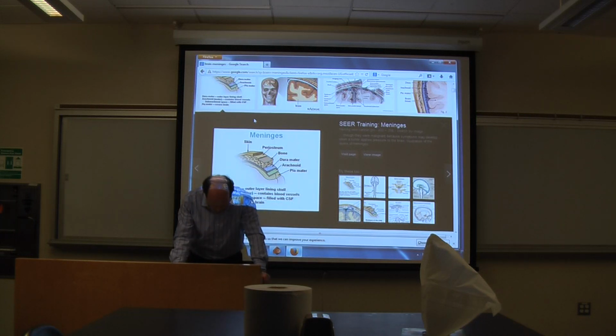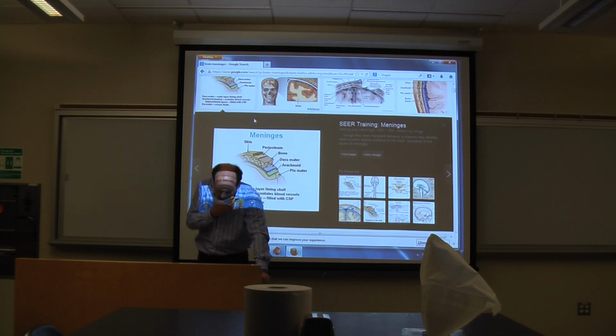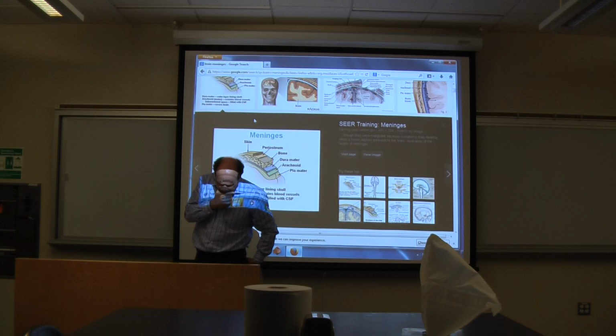But the main structural component is capillary endothelium, and they're tightly sealed together. But there's also perivascular astrocytic feet that are part of that, and they envelop the basal lamina and the capillaries.